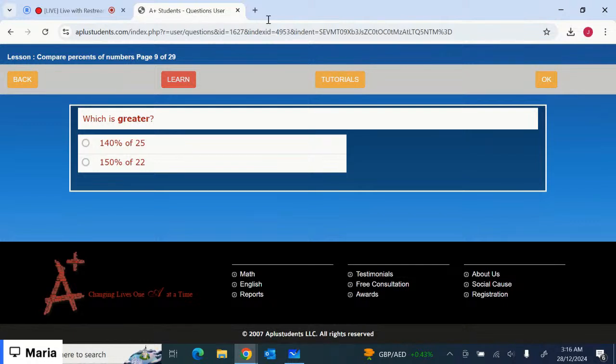The correct option is 150% of 22 is greater. Okay, you can complete the lesson by yourself later today. Let me just move on to the next lesson.